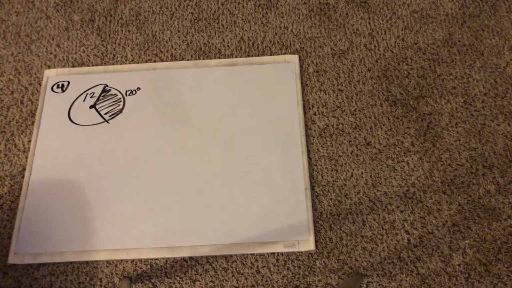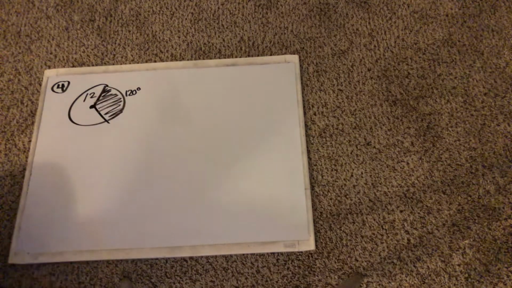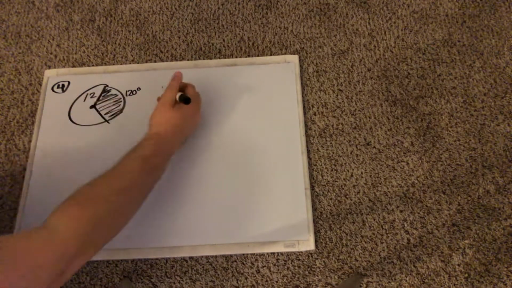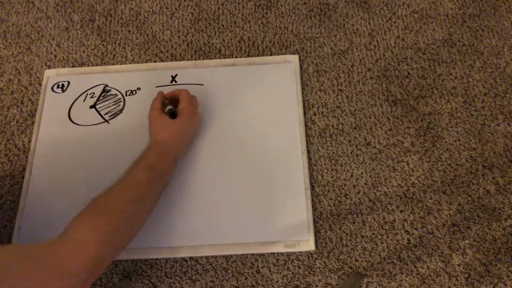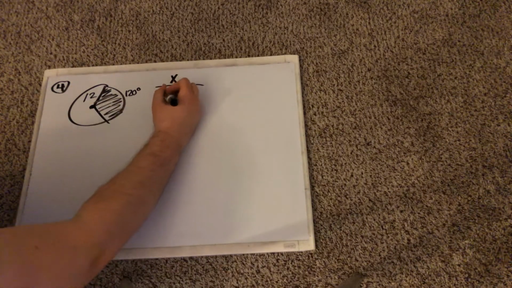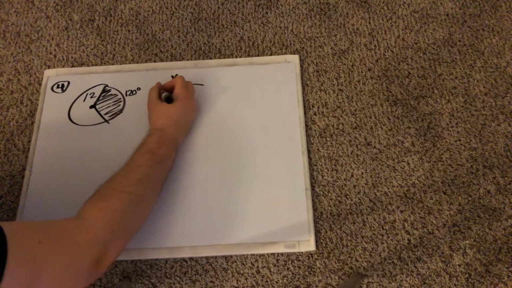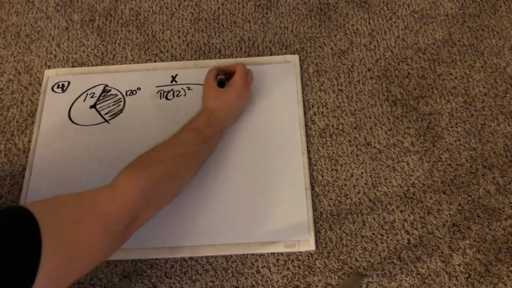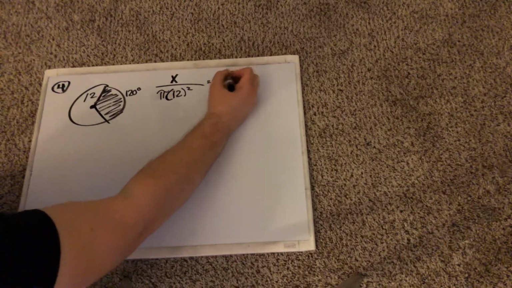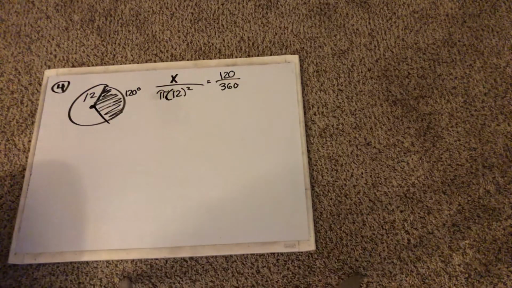So when I'm going to set this up, I'm going to say, well, I don't know the area of this little sector, so I'm going to call that x over, well, I'm dealing with area, so the whole area of the whole circle is pi r squared, sorry. So pi and then 12 squared equals 120 over 360.